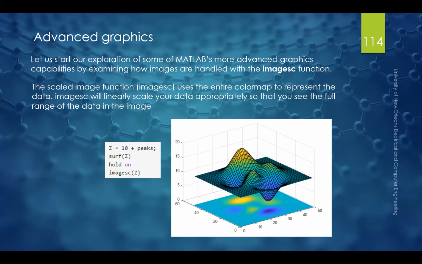It's a little different than looking at it from just the three-dimensional point of view. It gives you another point of view to look at the image. It will linearly scale the data so that you can see the full range of the image. So in this example, I've created the peaks function. And as you notice here, I moved it up 10 units on the z-axis, which is this command here, right?